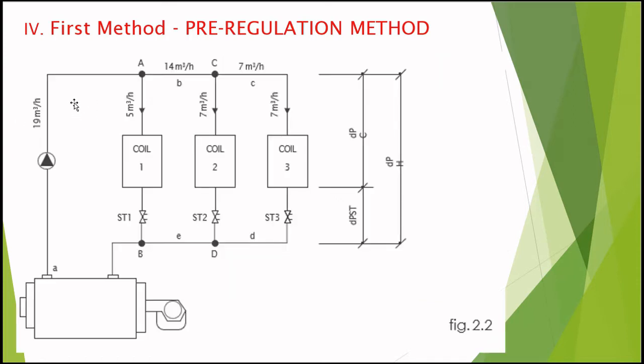For example, if you are calculating for coil 1, this is circuit number 1. If you are calculating dP for coil number 2, this is circuit number 2. If you calculate the dP for coil number 3, it is this circuit from circulator to circulator.